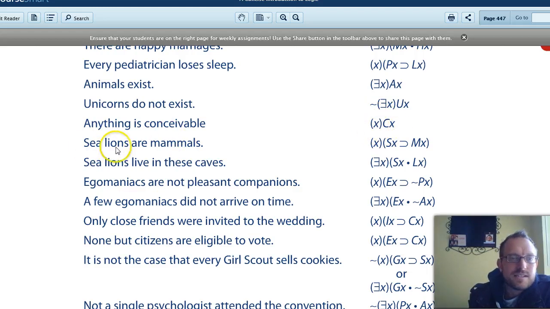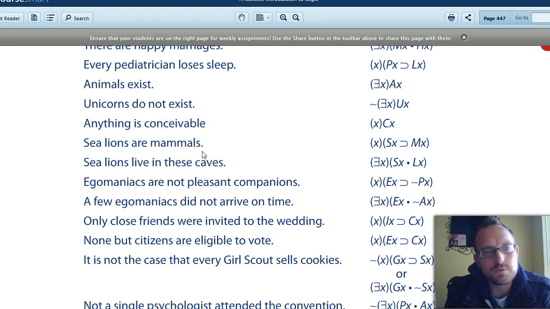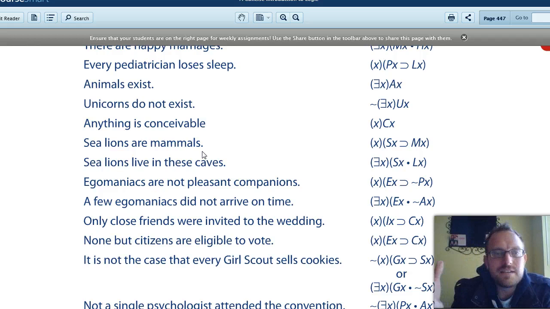What about this one? Sea lions are mammals. That's pretty easy, right? The question would be, is this a universal statement or a particular statement? Notice it doesn't actually say universal or particular. But you'd have to ask yourself, well, what's the meaning? What does this person mean? Well, if they're saying sea lions are mammals, they must be talking about all sea lions.